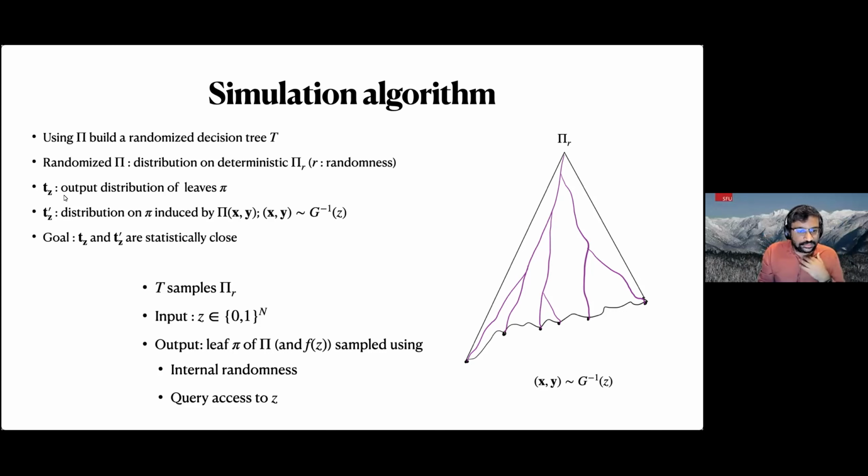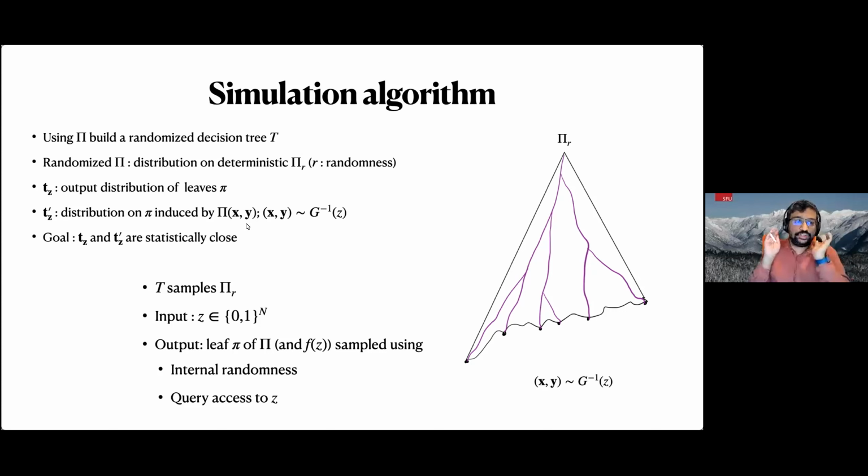This naming convention is from GPW, from an earlier work. We want to build an algorithm so that this distribution is close to another nice distribution. This nice distribution, which I call T-C, is the distribution of the leaves of this protocol pi induced by the following distribution.